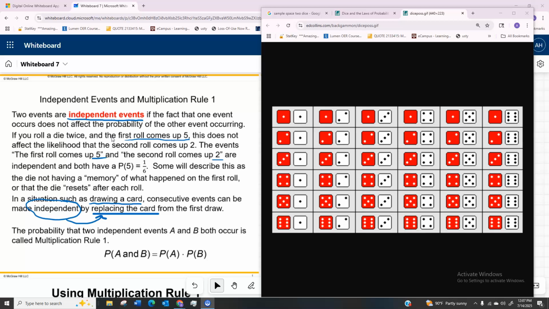So if we look on here, we have 5 and then 2 occurring right here. And that is only one way out of the 6 times 6 or 36 total ways that you can roll the 2 die. 5 and then 2 is 1 out of 36 ways for the die to be rolled.